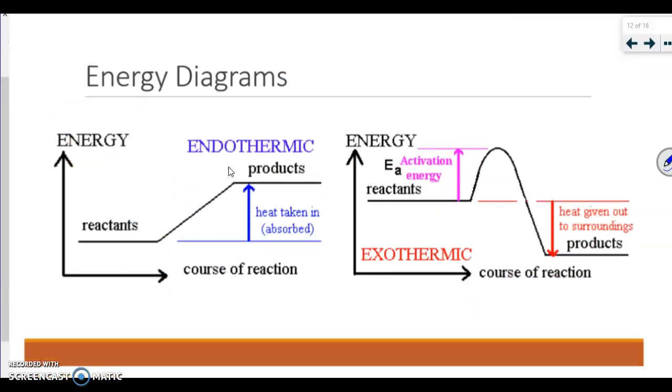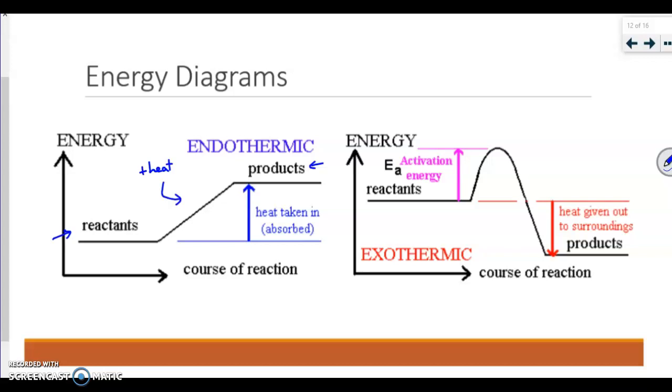Here we have what are known as energy diagrams of endothermic and exothermic reactions. A couple of things I'd like you to note. Here, for the endothermic, the reactants are low in energy and the products are high. So energy or heat has to be added to get to the top of the hill for the reaction to occur.